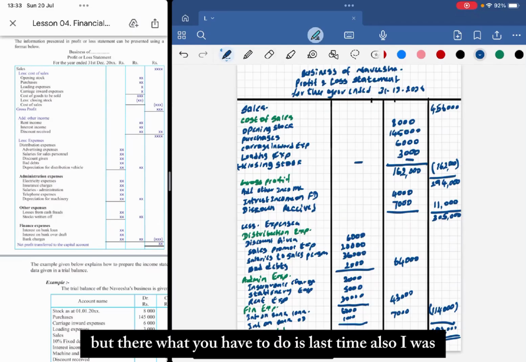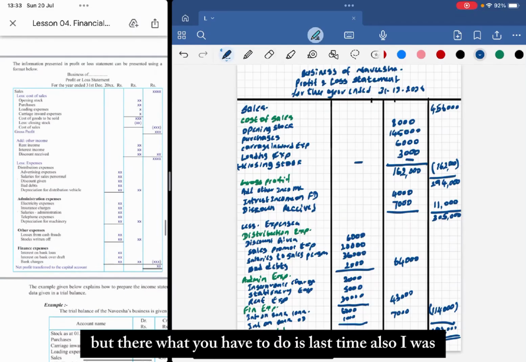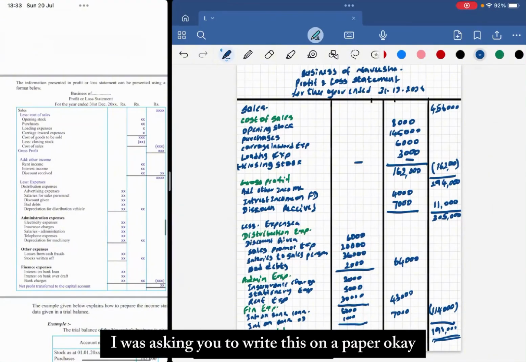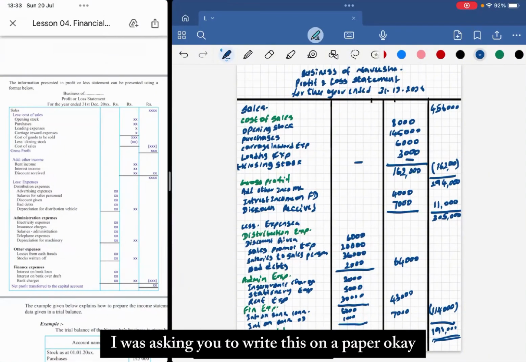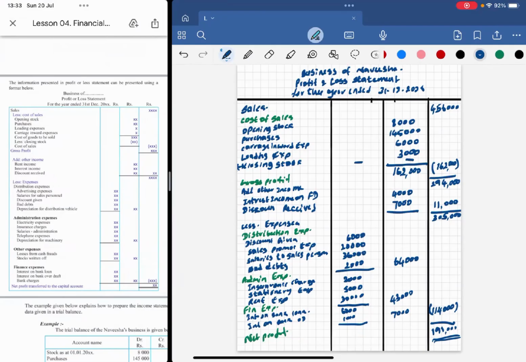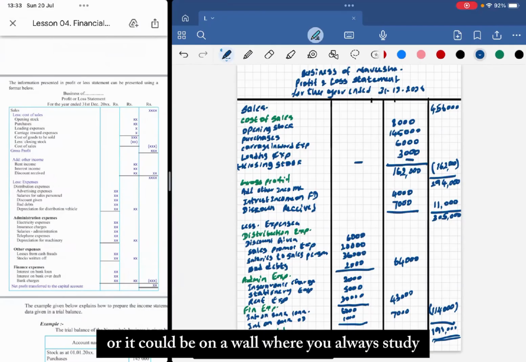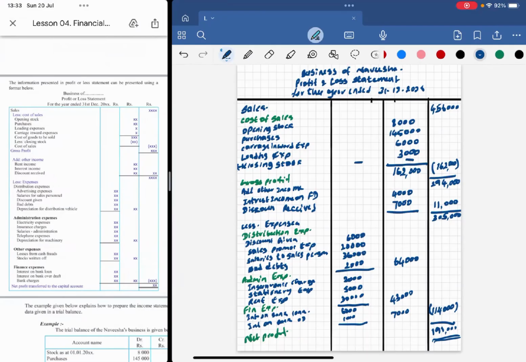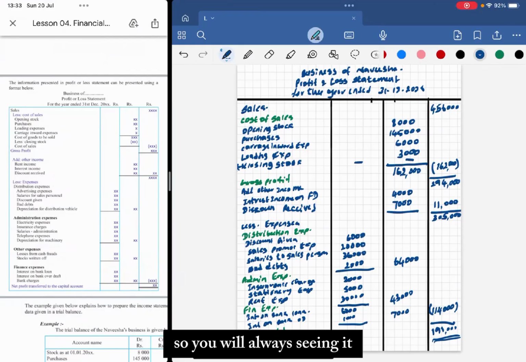But what you have to do is, last time also I was asking you to write this on a paper. You can paste it somewhere you can see it always. It could be under your table, or on a wall where you always study. So you will always be seeing it, and once you always see it, it will be easy for you to remember it.